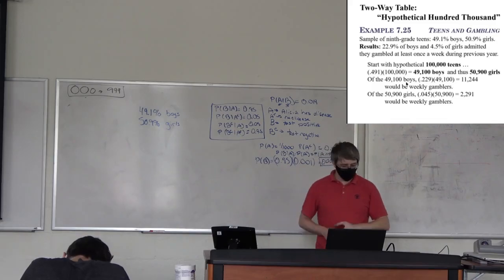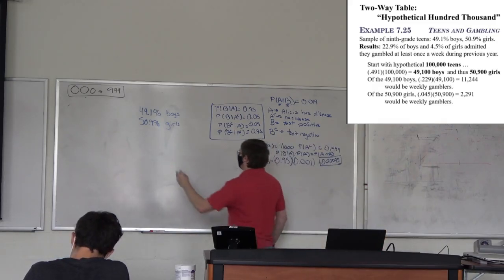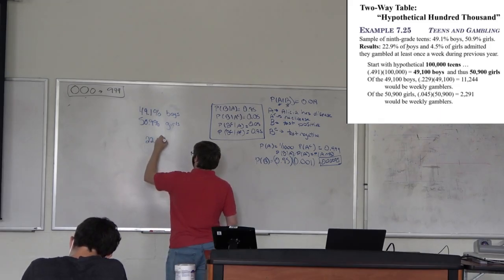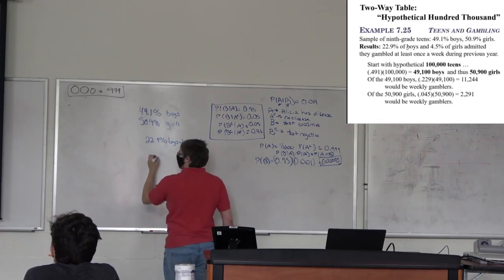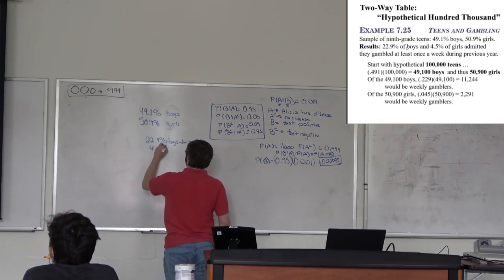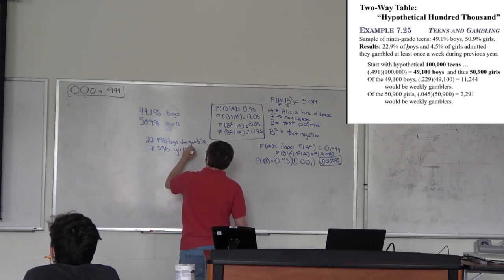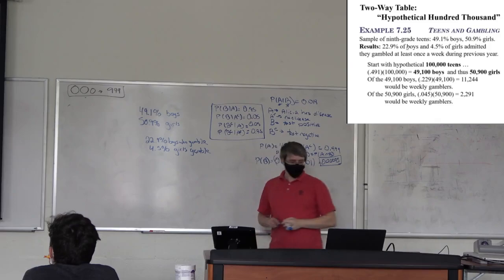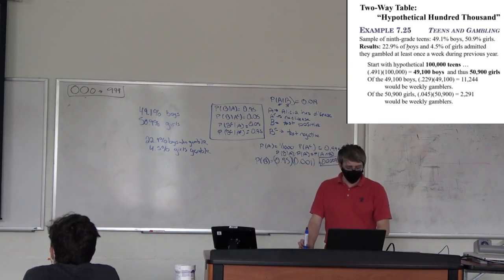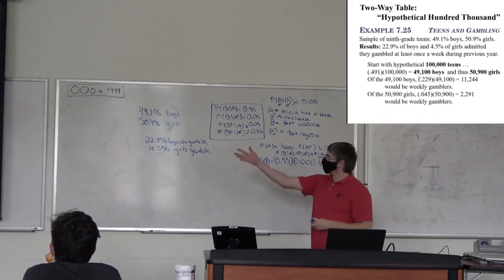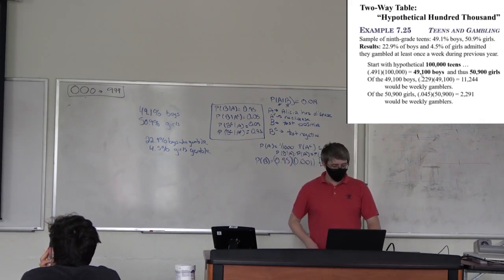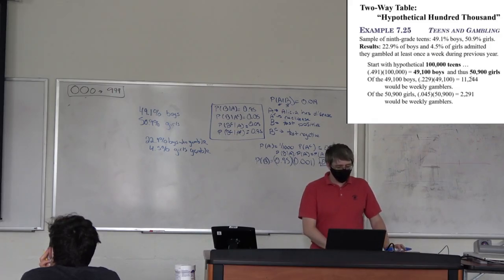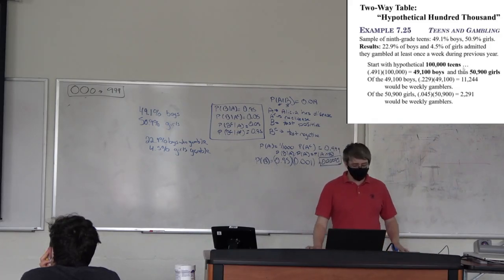And so here, since we found before that it was 22.9% boys who gamble, and then it was 4.5% of girls, if we had 100,000 teens, we would have approximately 49,100 boys and 50,900 girls, and so we would have a certain number of gamblers from this, given 100,000 teens, if we extended this study.